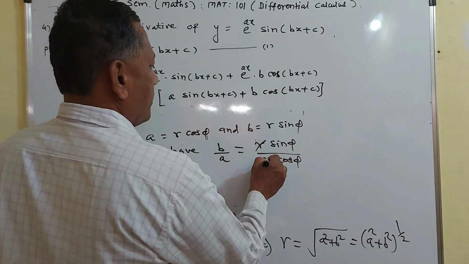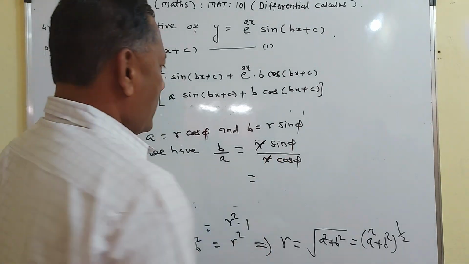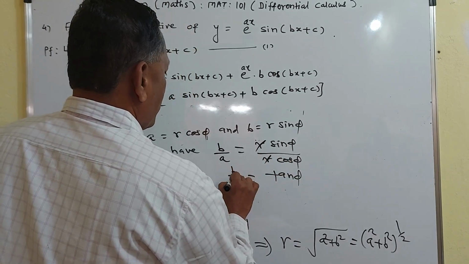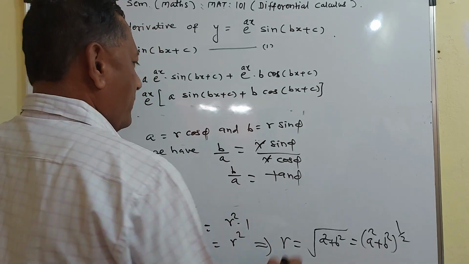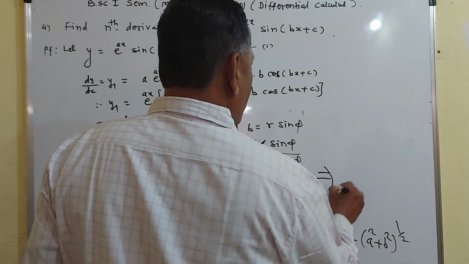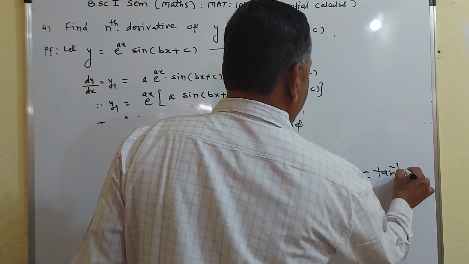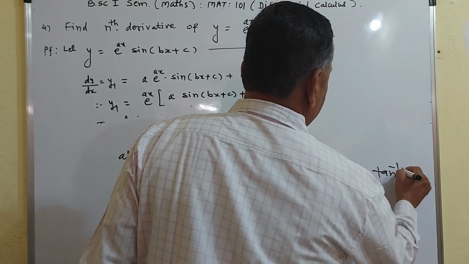R cancelled. So sin phi upon cos phi means tan phi. b upon a is equal to tan phi. And from this, what is the value of phi? Phi is equal to tan inverse b upon a.